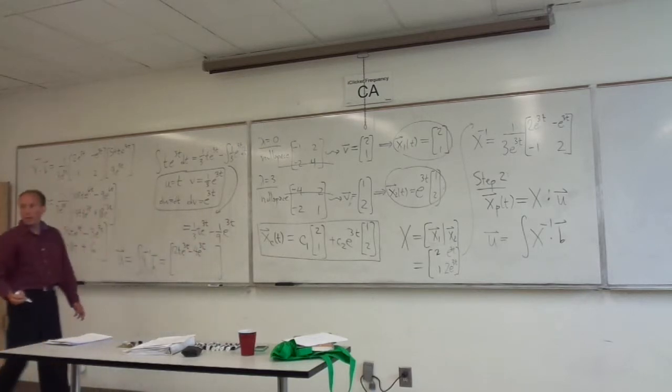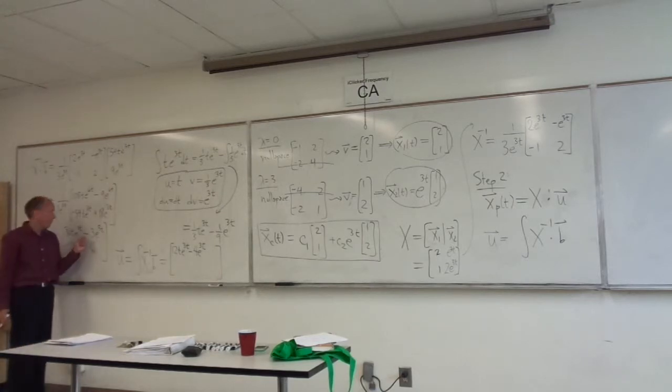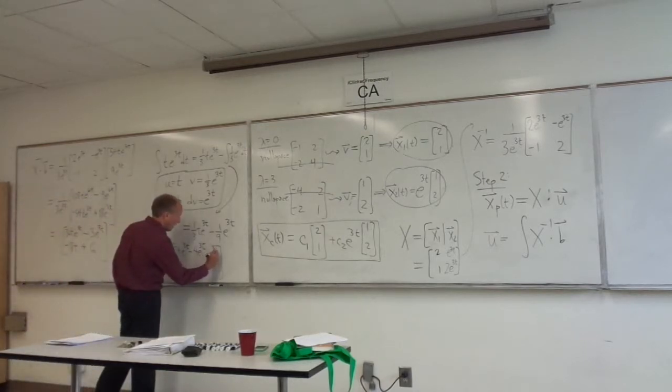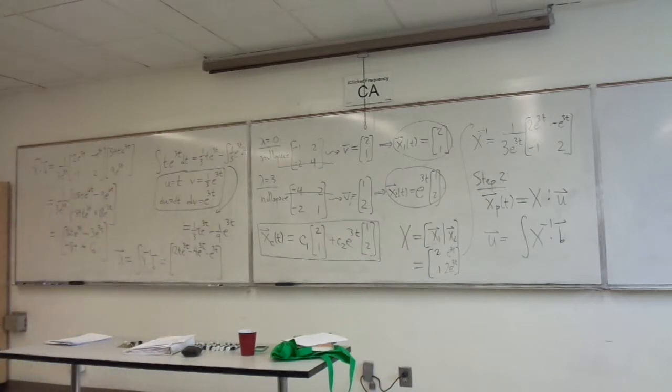So the numbers actually are not that bad. And then what is an antiderivative of 3 e to the 3t? Pretty easy one, just e to the 3t, right? That's the integral of 3 e to the 3t, just by u substitution if you want. Okay, and then we also have to integrate the bottom line, so can somebody other than Irwin tell me what the antiderivative of the bottom line is going to be?